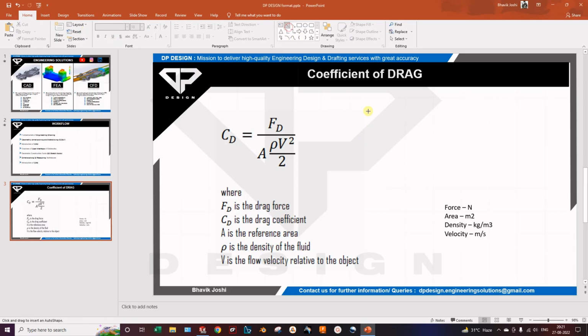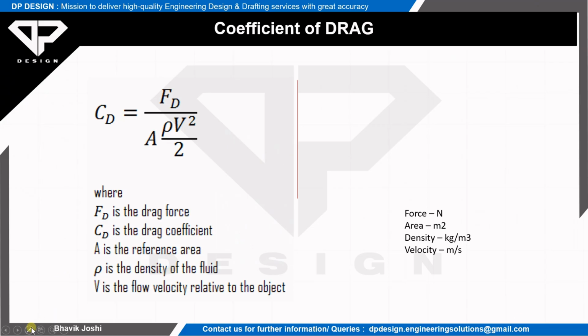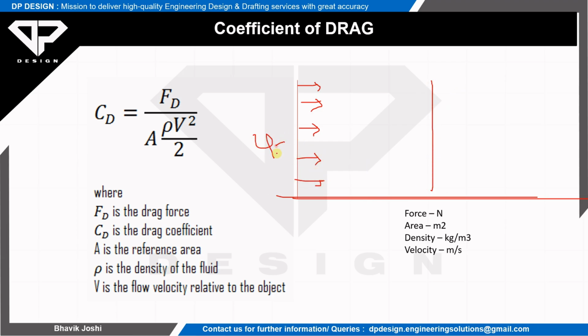If this is your flow and this is your ground, this can also be known as the free stream velocity or oncoming flow.